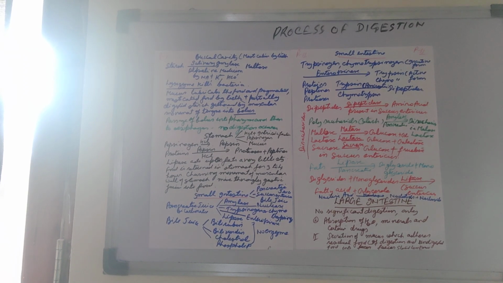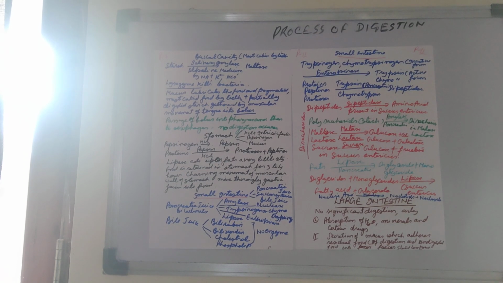But in active transport, most of the products of digestion are passed inside the blood by active transport. Some carrier proteins are present, and it involves energy, and these carrier proteins transport the digested products into the blood against the concentration gradient.